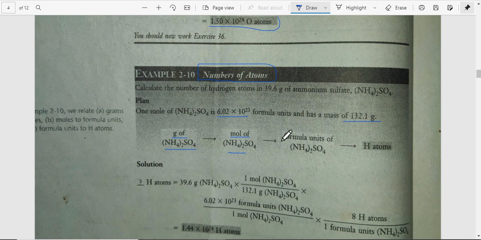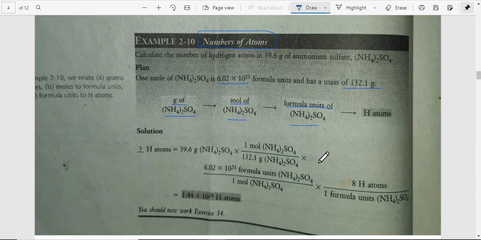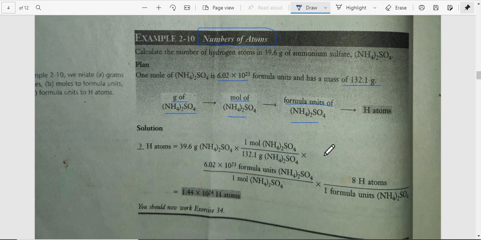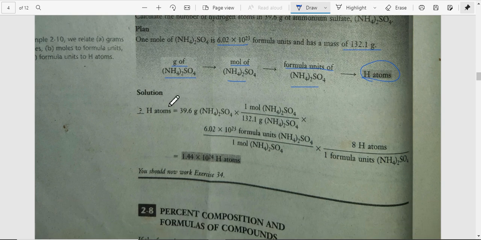Next is the formula units. Okay, so you need to identify how many atoms there are in a certain compound. Then there you can get its H atoms. So you have here your solution. Simply input what is given, which is your 39.6 grams of your (NH4)2SO4.